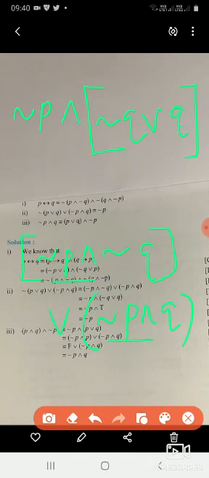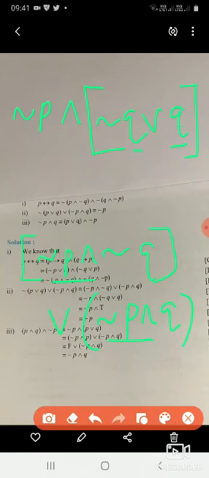Now I have taken the common out, otherwise a common term taken inside the bracket is called the distributive law. So second step, distributive law. After the distributive law, listen, a statement and its negation. If you use a statement and its negation with a logical connective, then that law is called the complementary law.